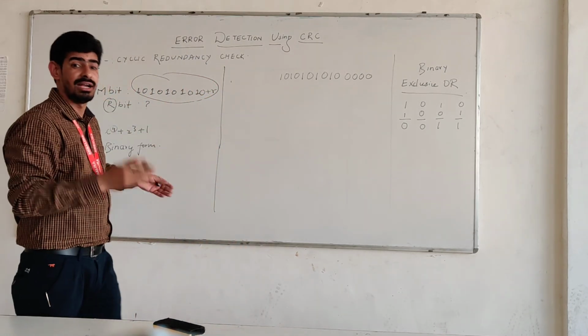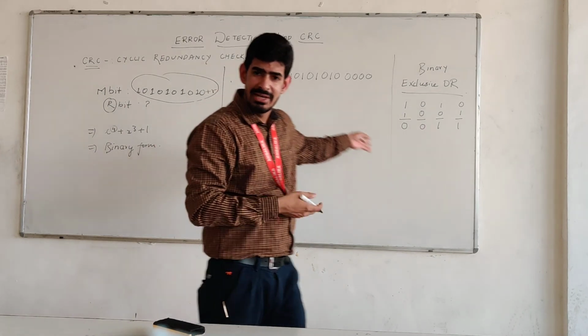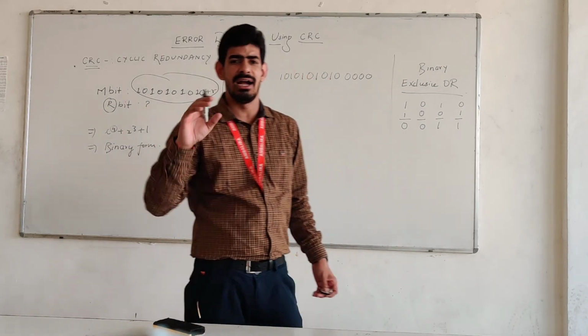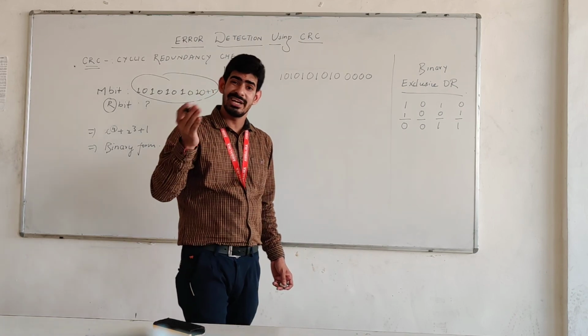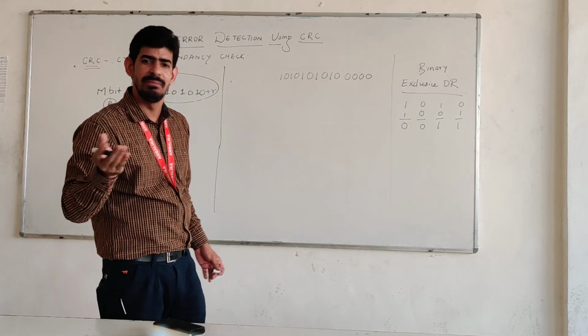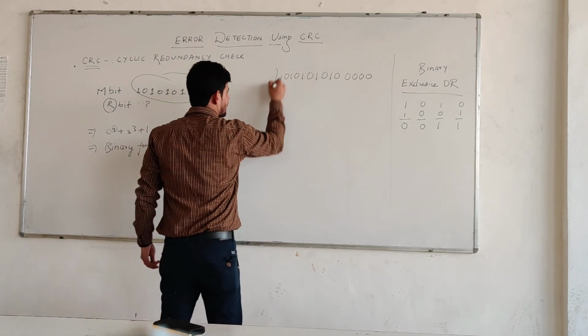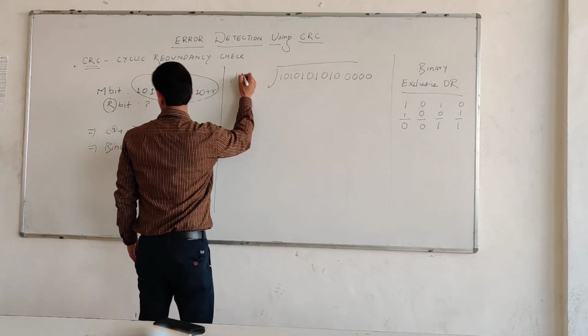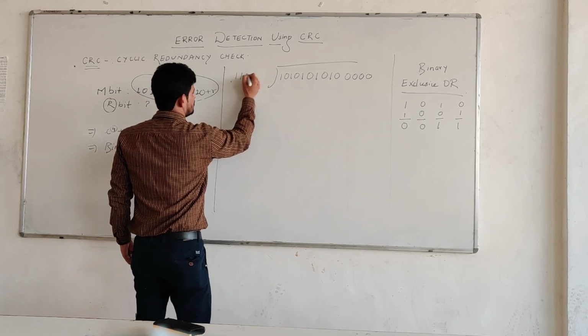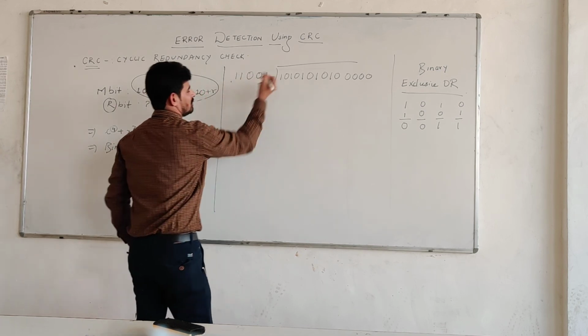Add, send, and if we get a remainder, then there will be an error, and at the receiver's end it will further be divided. And if we don't have errors, we will not get any remainder in this question. So we will divide it by 11001.